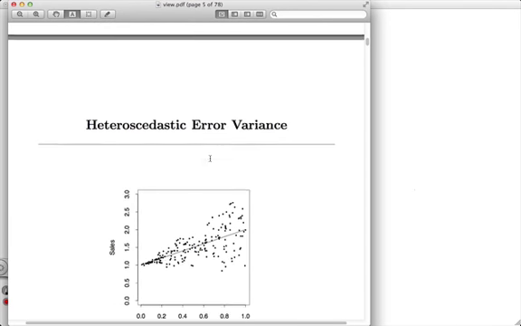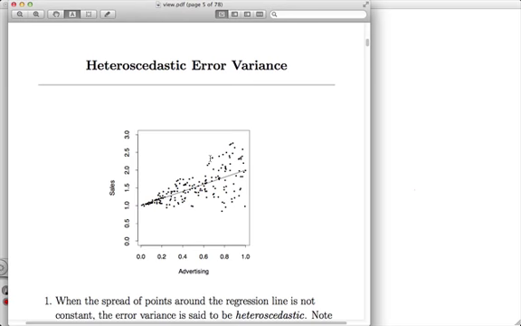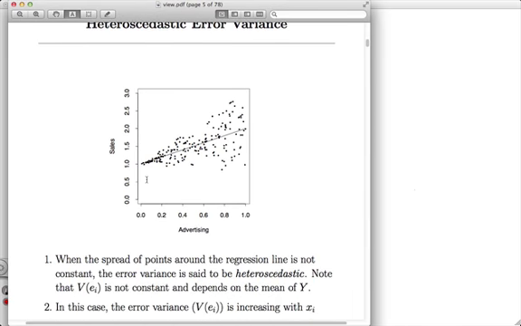Sometimes you're going to run into situations where that assumption is not true. Here's a situation where the spread around the line is very small, but as x increases, the spread also increases. Or you could say as the mean of sales increases, the spread around that mean increases.